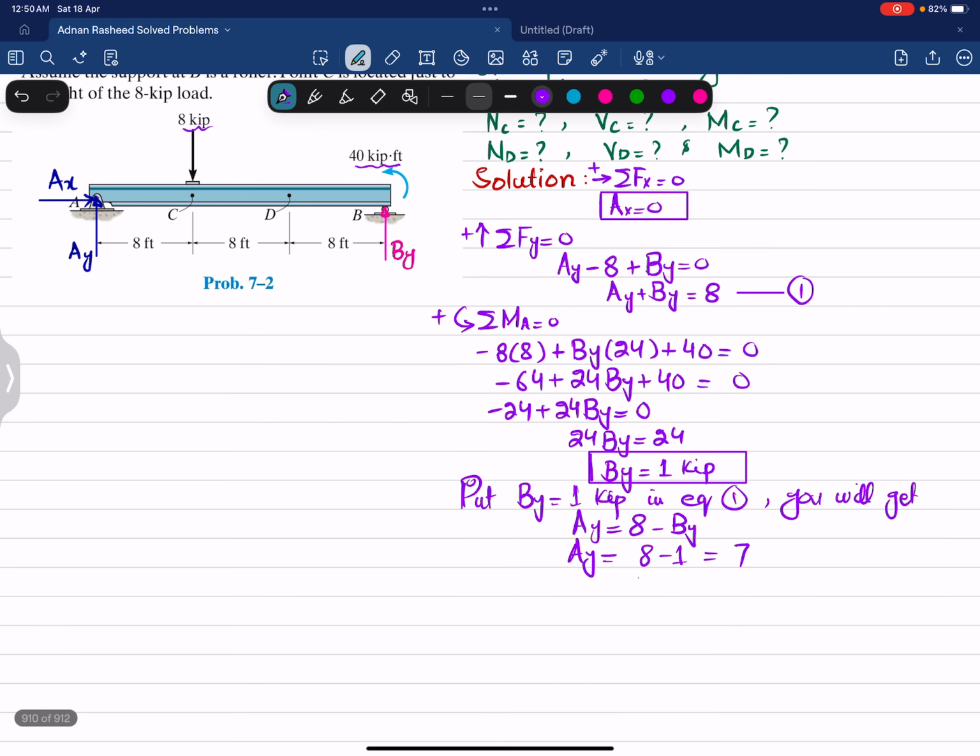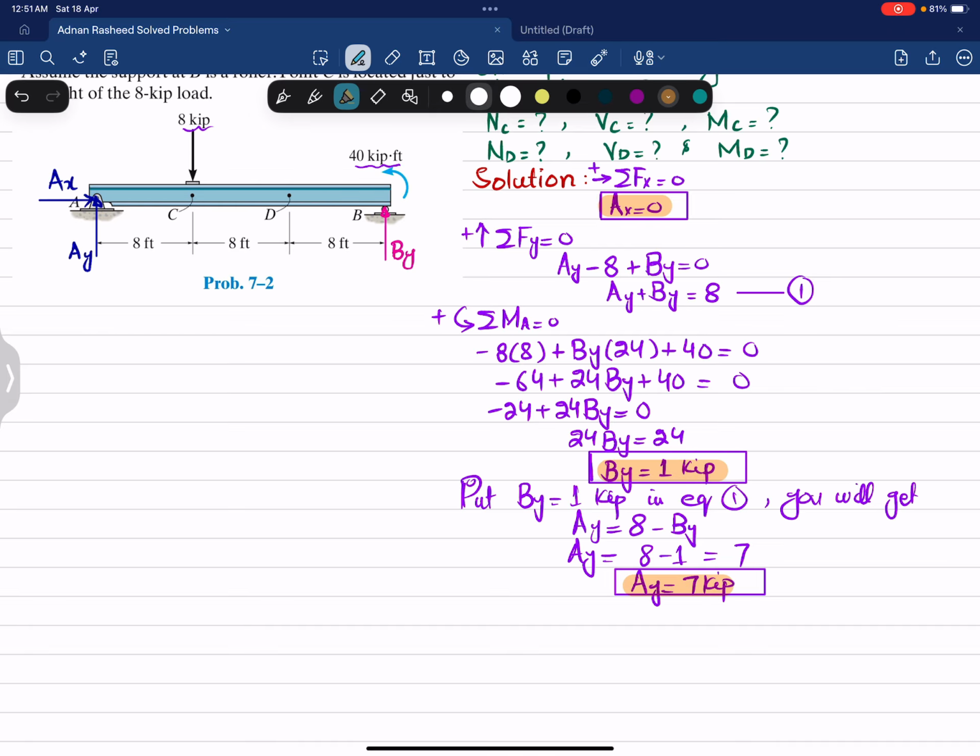So we get AY is equal to 7 kip. So these three are the reaction forces. I will highlight them: AX, BY, and AY. Clear?